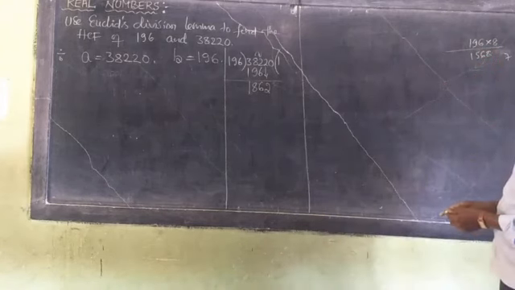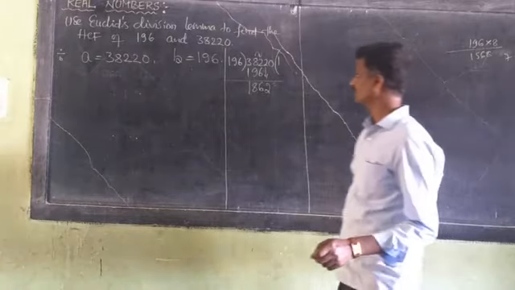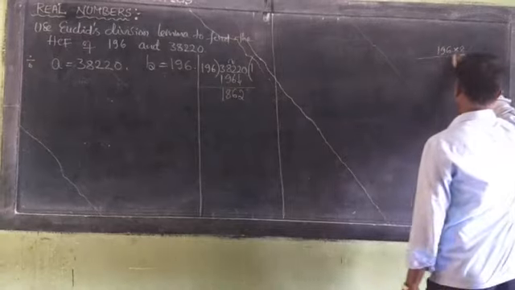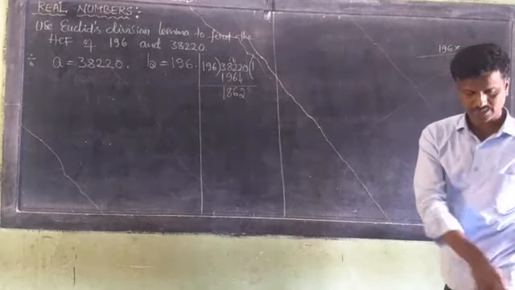So we have to take 196 times 9. Okay, 196 nines you have to consider.